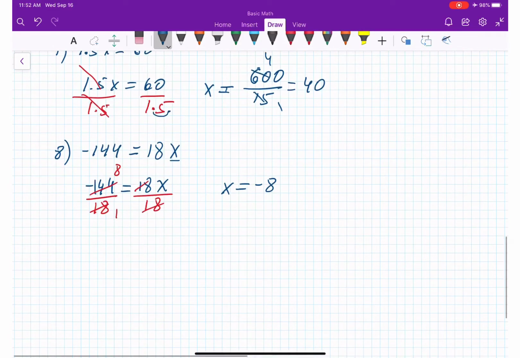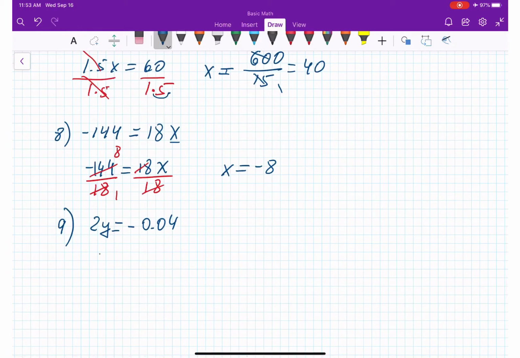Question number 9. 2y is equal negative 0.04. Here I am dividing by 2 because the coefficient of y is 2. Here I am dividing by 2. So this 2 and 2 I can cancel.